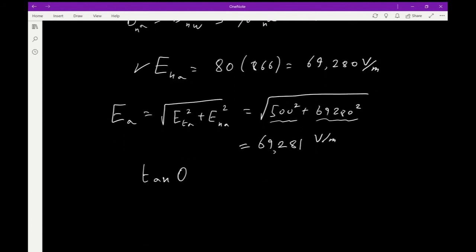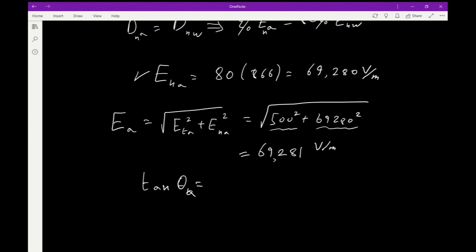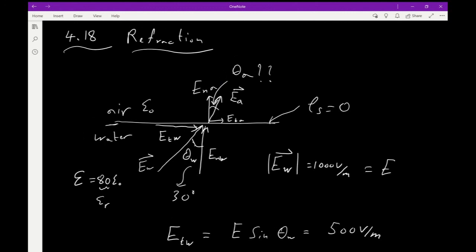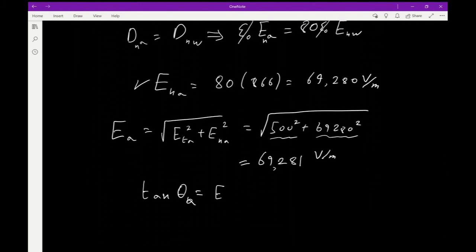What about the angle? We can find it by calculating the tan of theta A, theta air. So this is the angle. The tan is going to be the tangential component over the normal component. So that's going to be ETA over ENA.